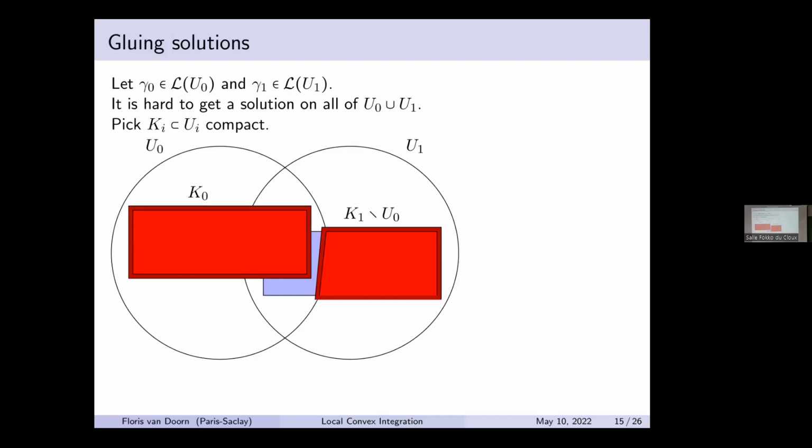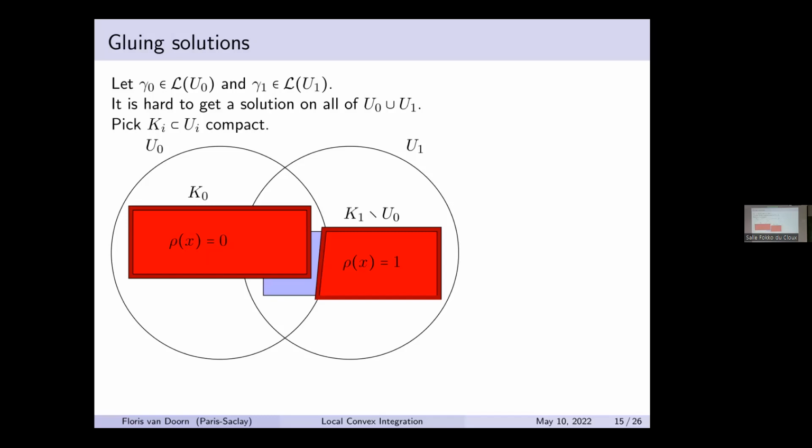Then we can find neighborhoods of these compact sets that are still disjoint, of course, and then we can define a transition function rho that is 0 on this set and 1 on this set.